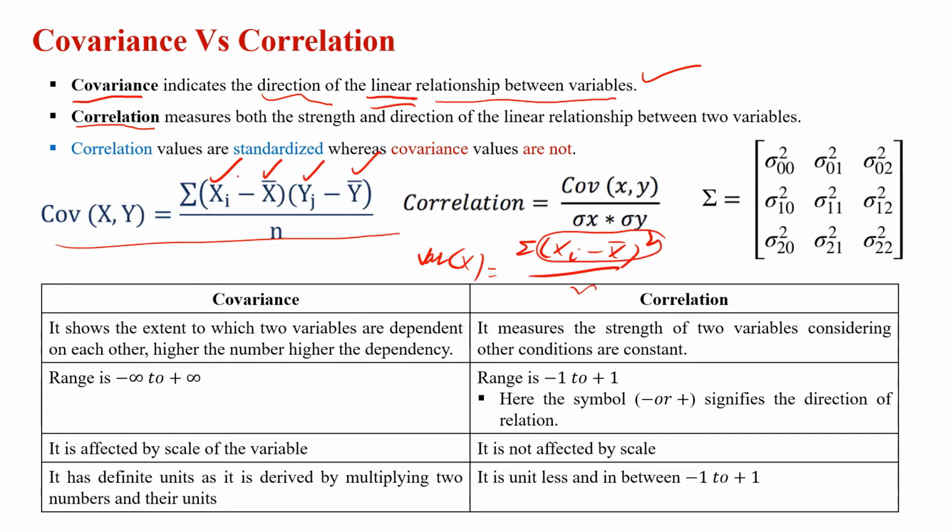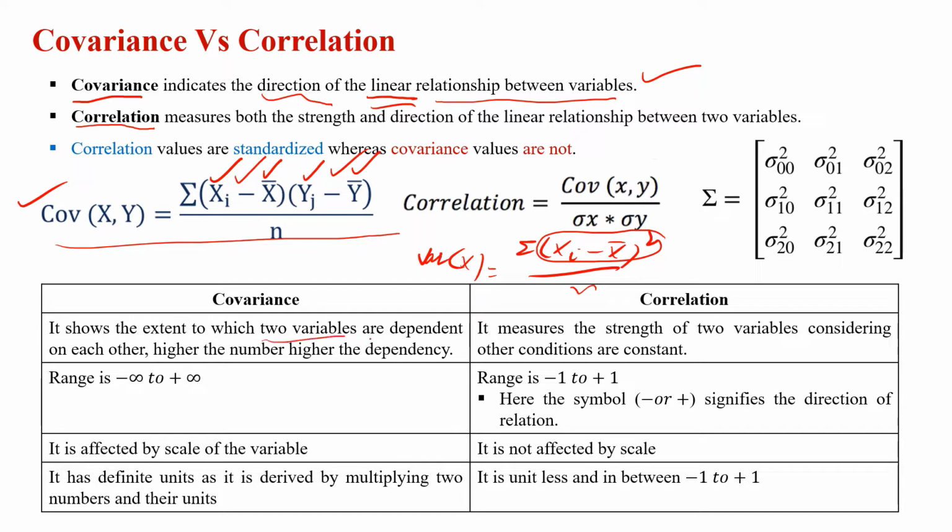We take the deviation from the mean of the observation of the first variable and of the second variable, multiply those two components, sum them and take the average. That is called the covariance.